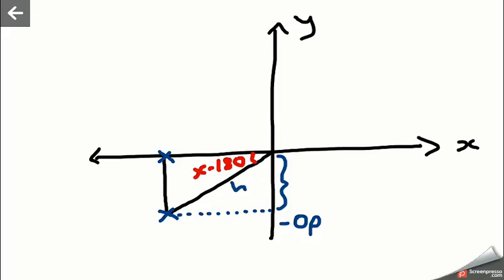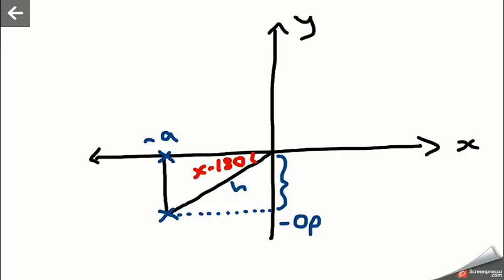It's going to have a y value of negative OP because we're going OP downwards, where OP is the height of the triangle. The base is still A, still has a length of A, so the plotted point at the back there is going to be negative A.